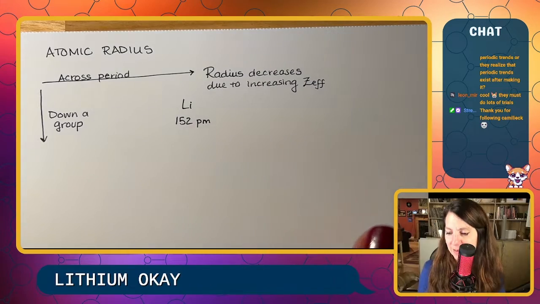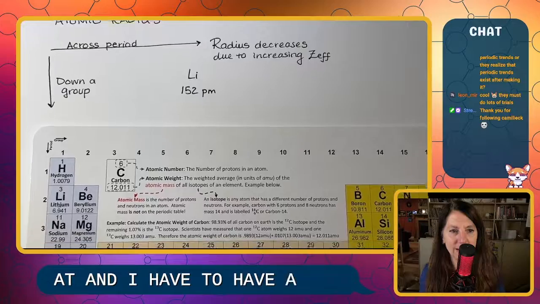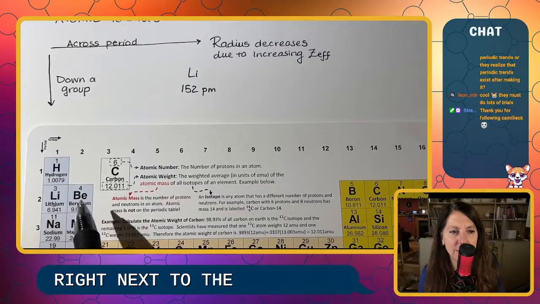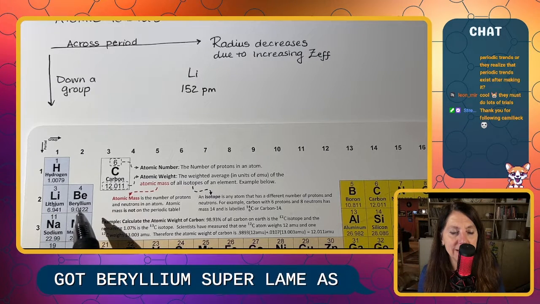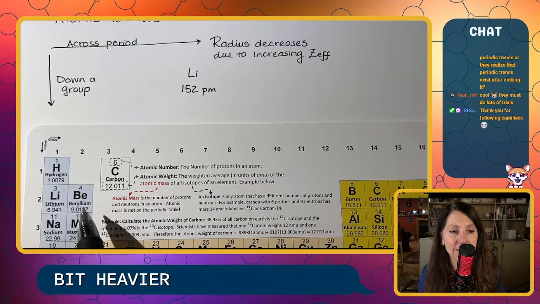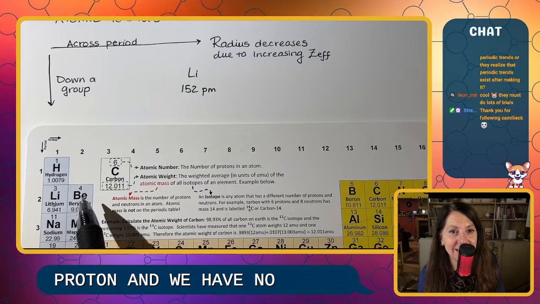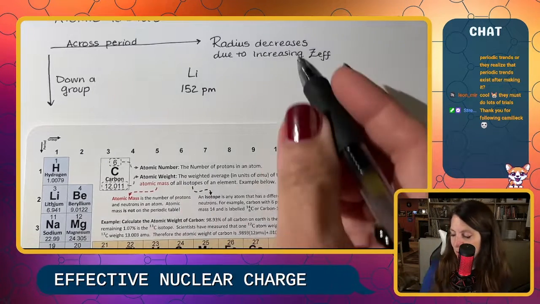Okay, but if we look at, I'll have this somewhat handy right here. Right next to lithium, we've got beryllium. So beryllium, as you can see, it's a little bit heavier, more massive. It's got an additional proton. And we have now learned a little bit about effective nuclear charge.